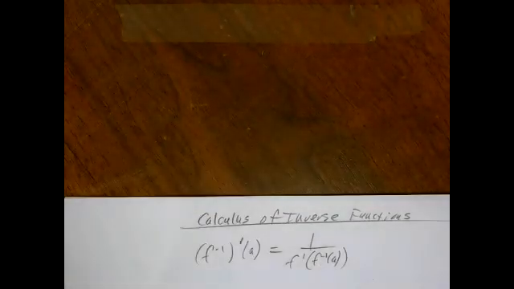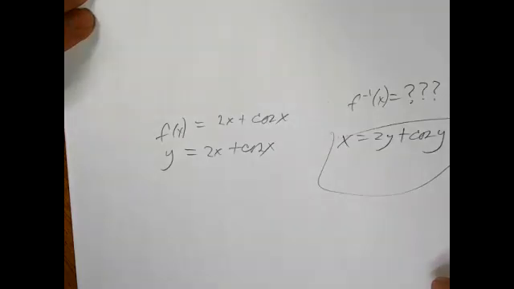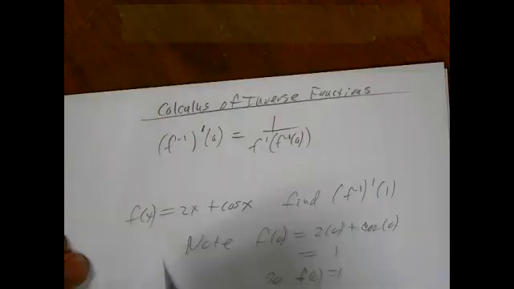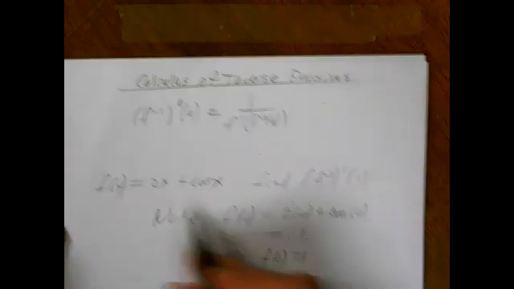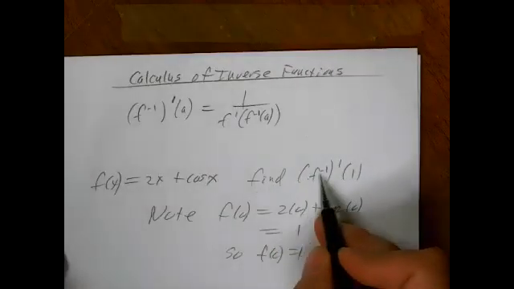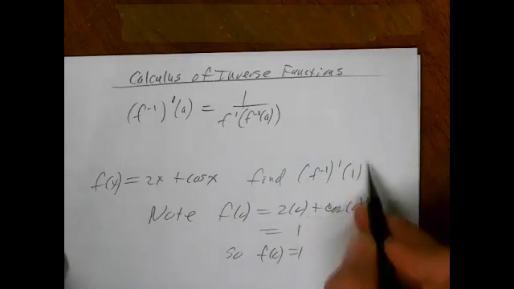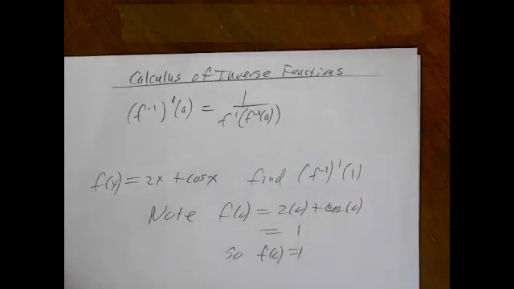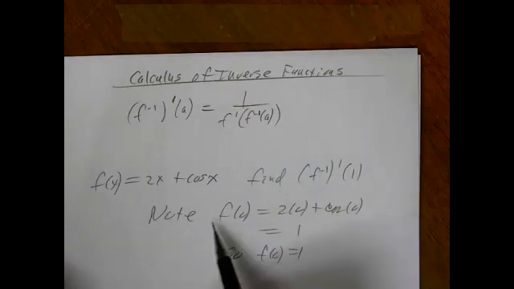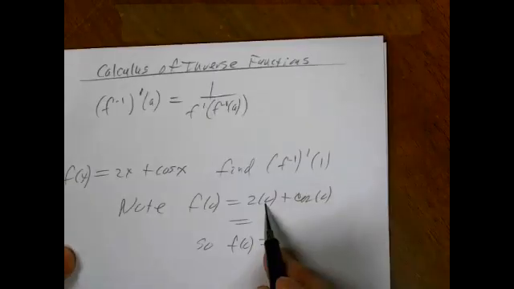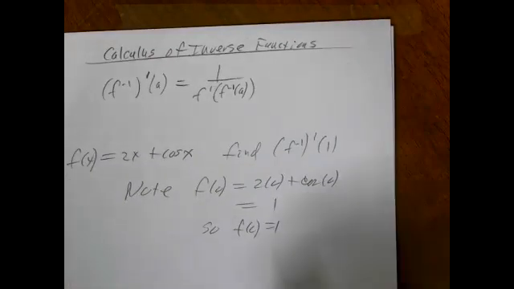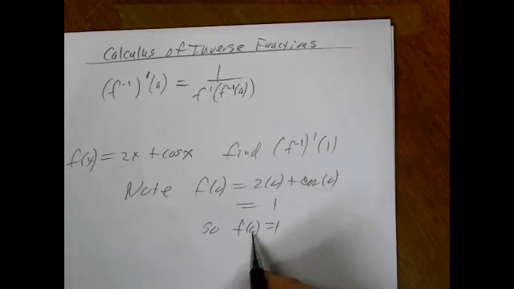So let's go back to that function. If f of x is 2x plus cosine of x, the problem wants us to find the inverse function's derivative when evaluated at 1. We should note that if you plug a 0 into this function, you get 2 times 0 plus cosine of 0, which is equal to 1. In other words, f of 0 equals 1.